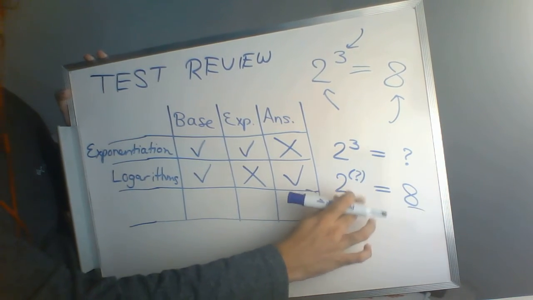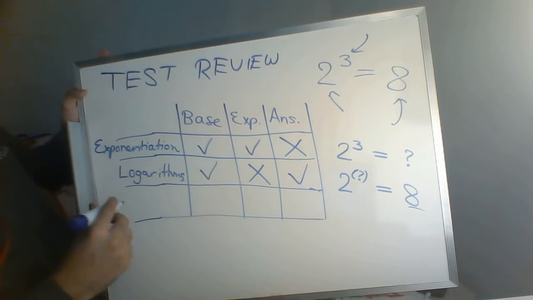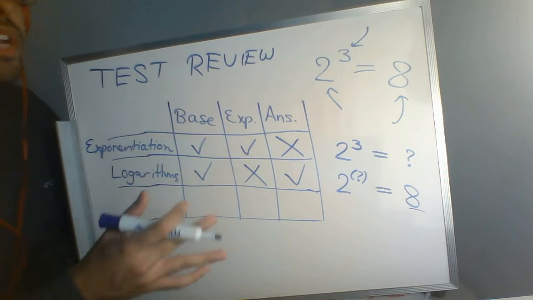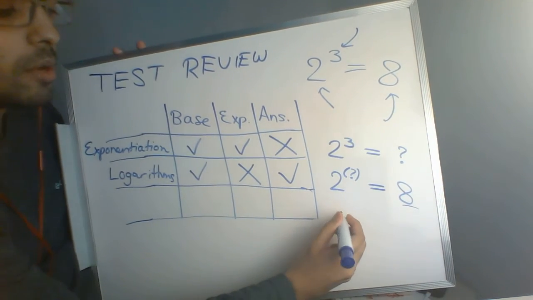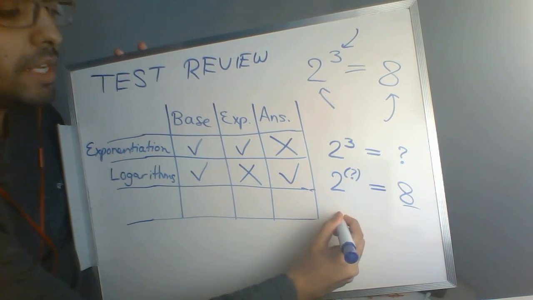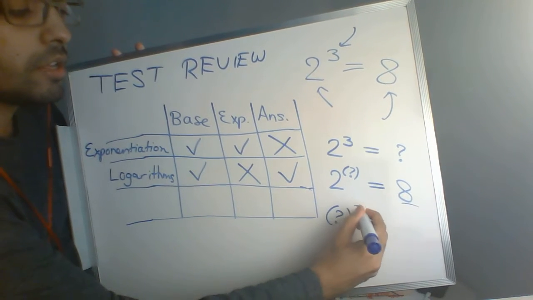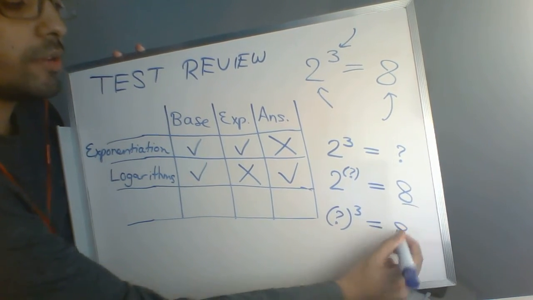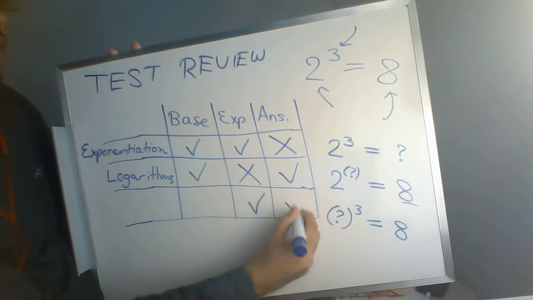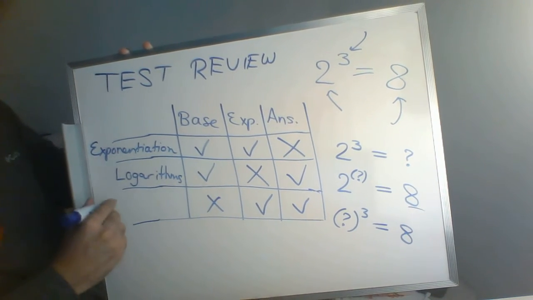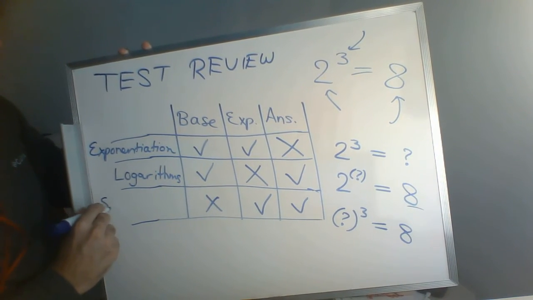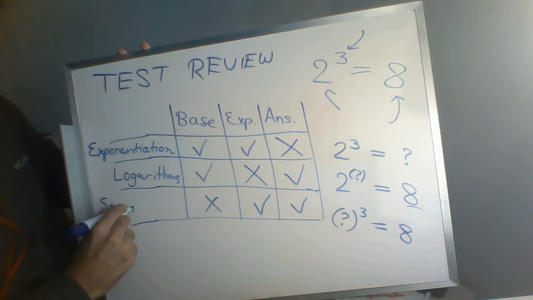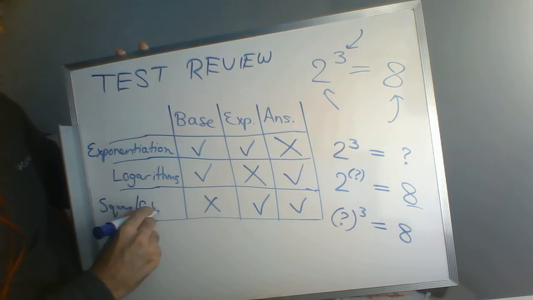So that's where logarithms come into play. And then for square roots and cube roots, I'm not going to ask you to solve a cube root by hand, but for example, it would be what number cubed is equal to 8. So I've given you the exponent, I've given you the answer, and I have not given you the base. That would be dealing with square roots and cube roots.